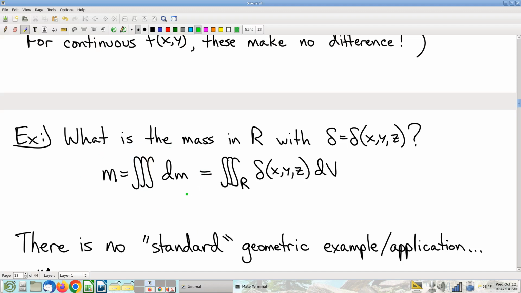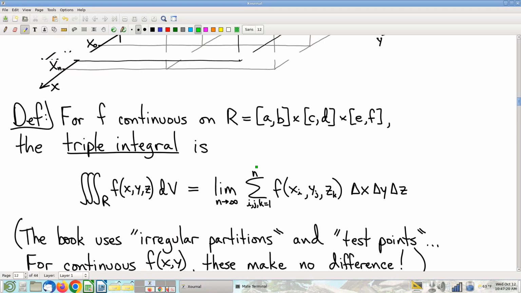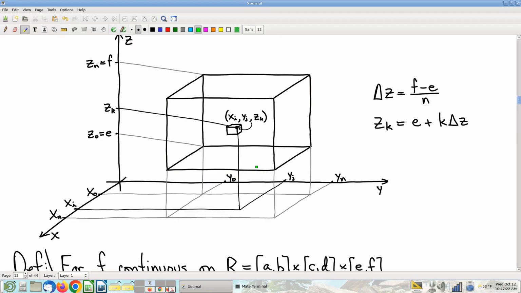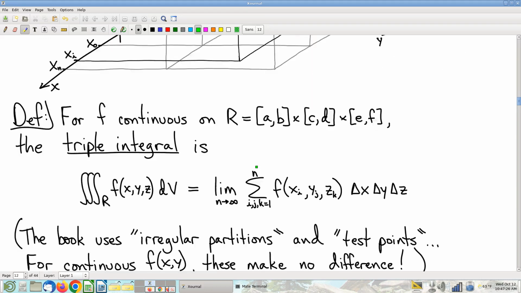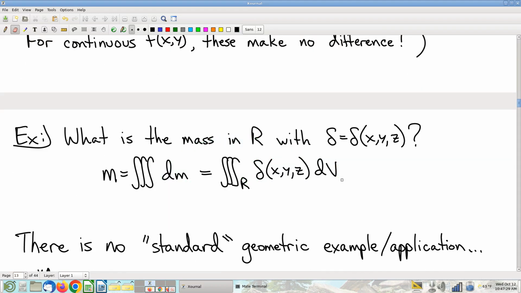On each piece, mass is mass per unit volume times volume. Again, appropriate to how I'm breaking up the solid, right? I got little pieces of volume where the mass is. And I've got myself a triple integral.